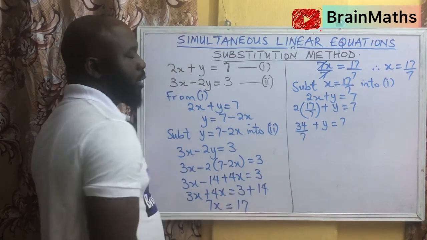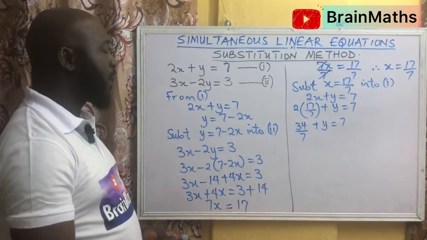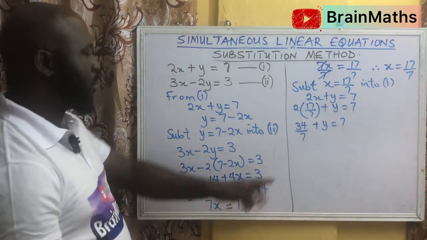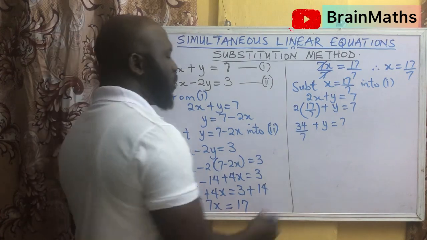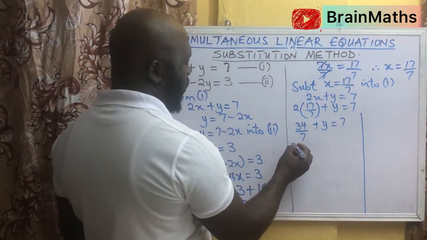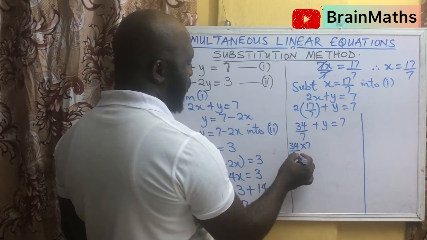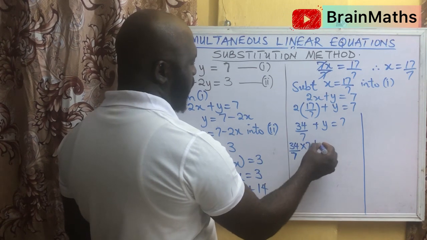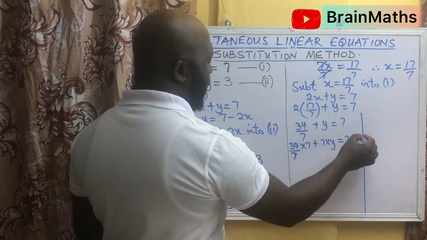So we are having a denominator of 7. So that implies that we multiply through by 7 so as to eliminate this denominator. So when you multiply through by 7, this is going to give you 34 times 7 over 7 plus 7 times y equals 7 times 7.